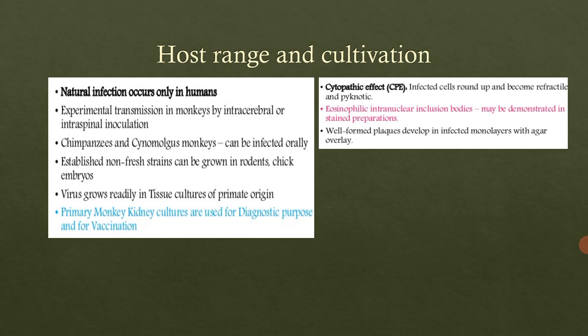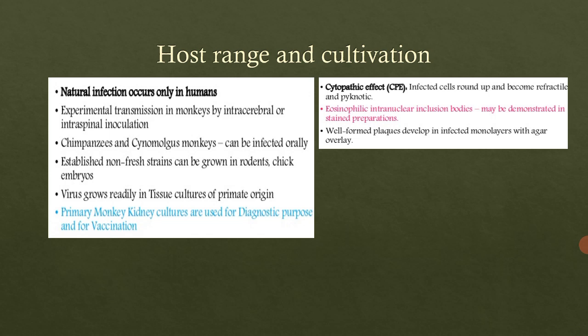In the previous virus study, in the hepatitis virus also, monkey kidney culture has been used for the viral cultivation, right? Yes, so this is the host range and the cultivation of the virus.